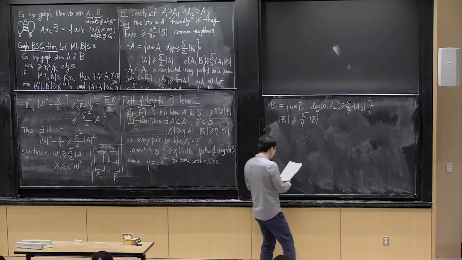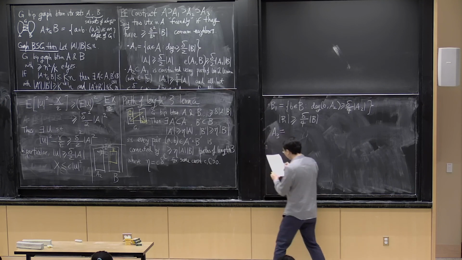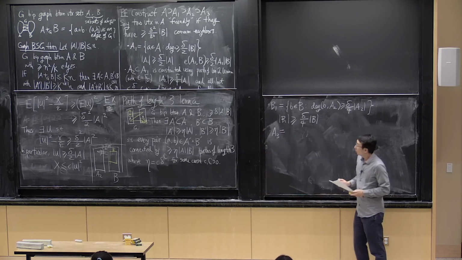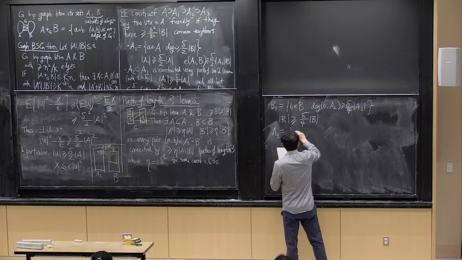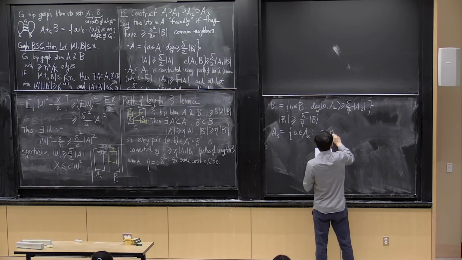Now, finally, let's consider A3 to be vertices in A2, where A is friendly.